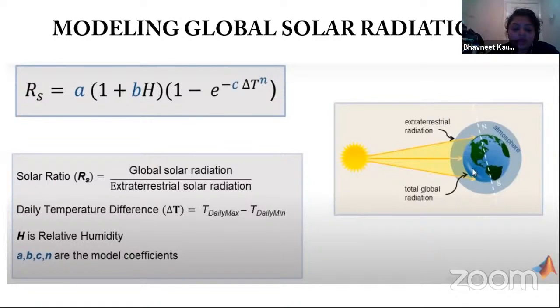So now we are going to put values of RS, H, and delta T, and we will fit this model and get the estimates of these four coefficients A, B, C, and N. If we get a good fit, then we can take this model to any new H and delta T for prediction of solar ratios, predict how much electricity we can get from a solar cell, and design our systems properly. So this was the high level idea.